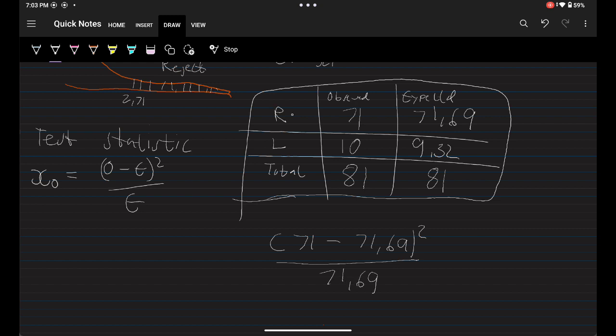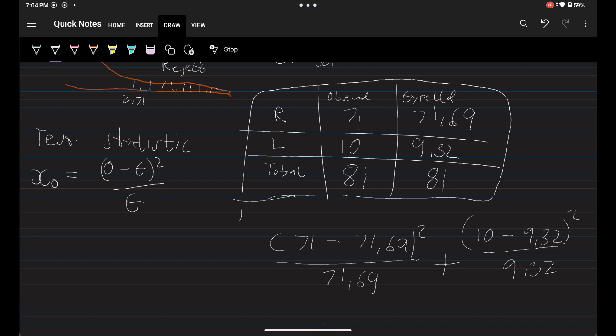After we do the right hand, let's do the left. The left will be 10 minus 9.32, all squared, over 9.32. So you see how we're only doing it for that category: observed minus expected, all squared, over the expected. Now all we have to do is get this test statistic.